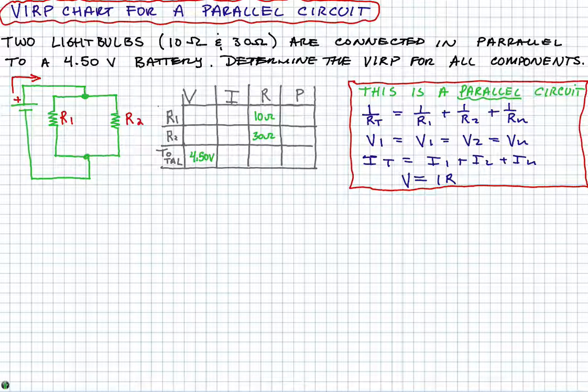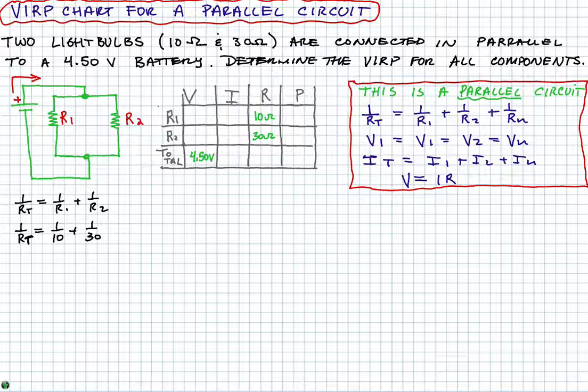So let's take the resistance formula for parallel circuits. 1 over RT is 1 over R1 plus 1 over R2. 1 over RT is equal to 1 over 10 plus 1 over 30. Now, I could do this manually. I can find the common denominator, but I have a calculator, so I think that's much easier.